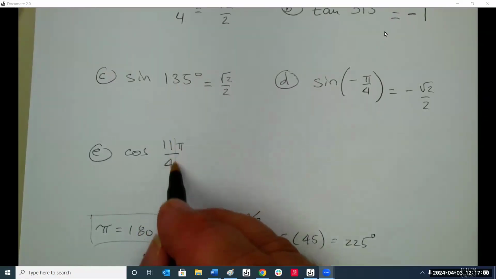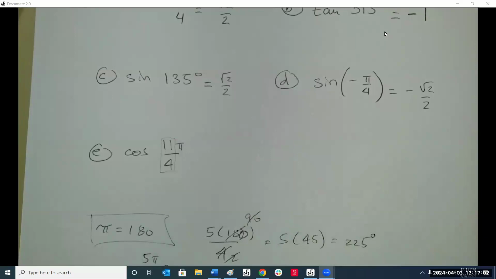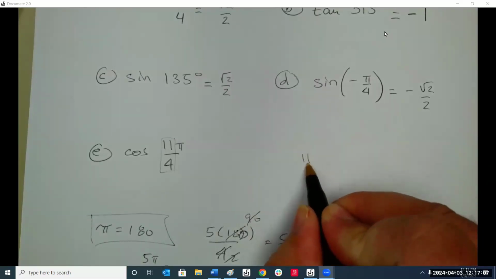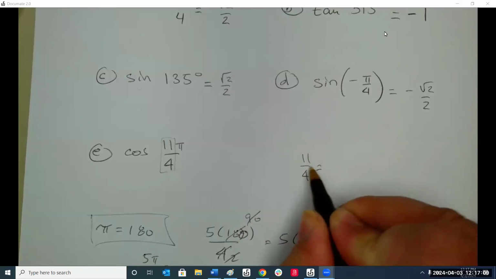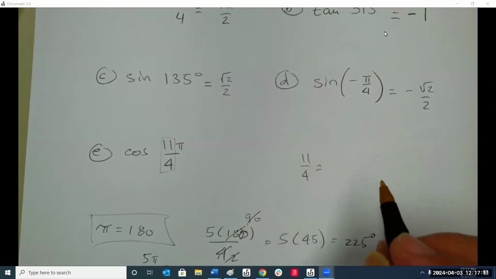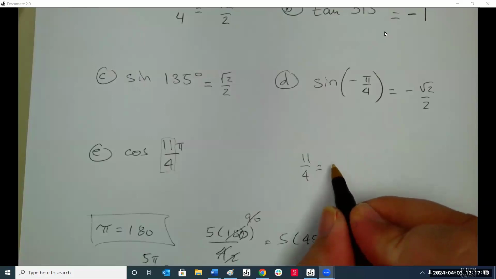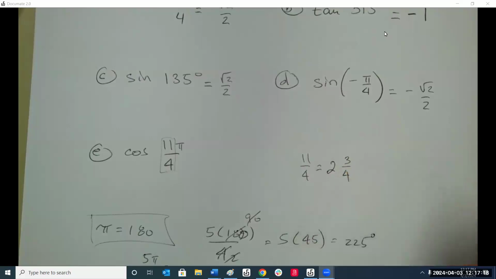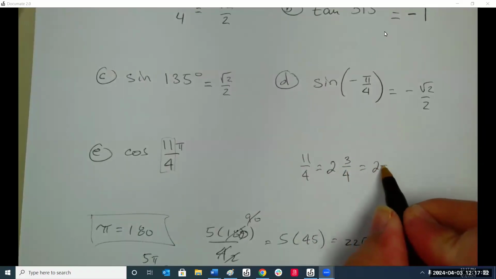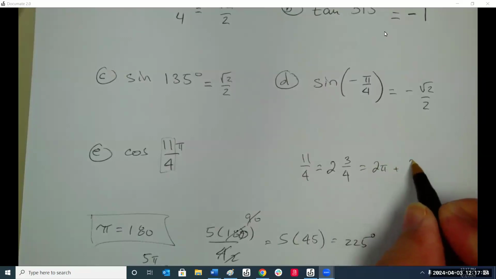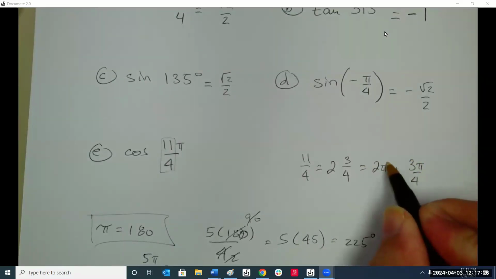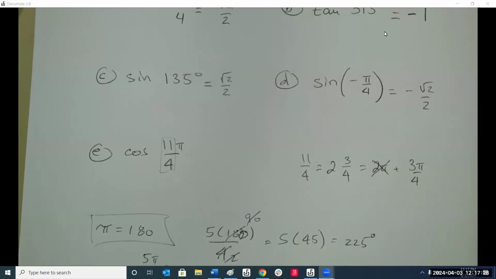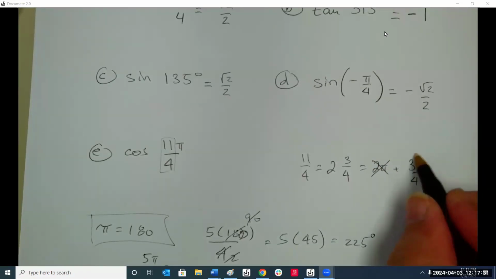And E, again, we have an improper fraction. So what is 11 over 4? How many times is 4 going into 11? 2 times with 3 left over. So it becomes 2 pi plus 3 pi over 4. So this one is a complete circle; we don't have to worry about it. 3 pi over 4.